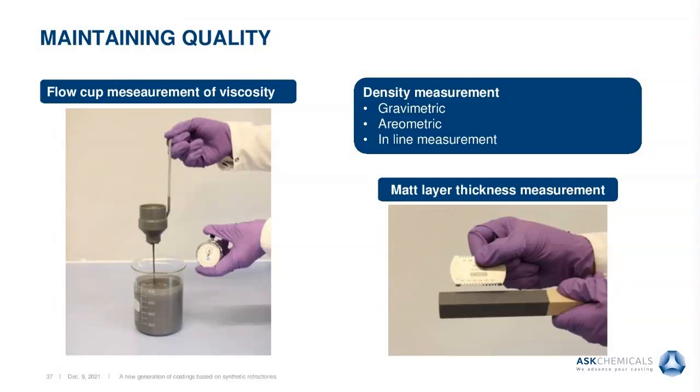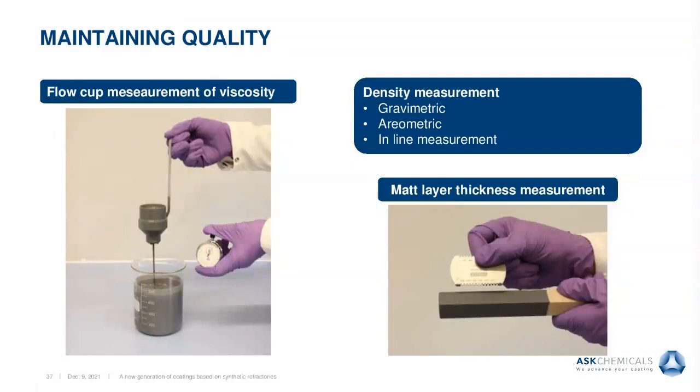And viscosity you can measure either by this cup viscosity, which is easy to measure, or by rheometer, which I showed at the beginning. In some foundries, for instance, in lost foam foundries, often they use, in addition to the cup viscosity, a rheometer.